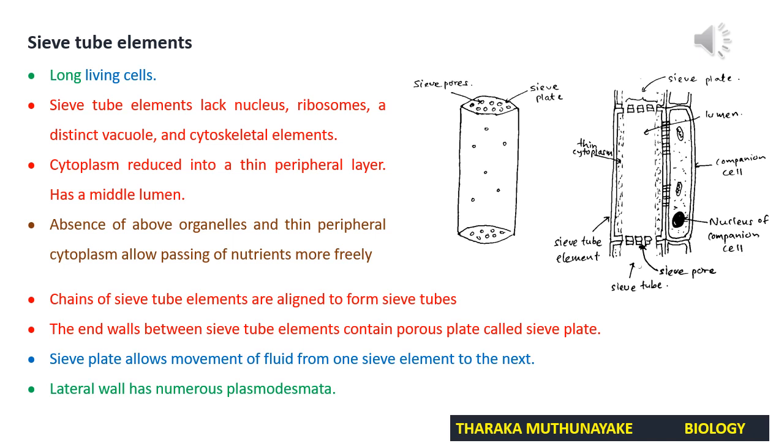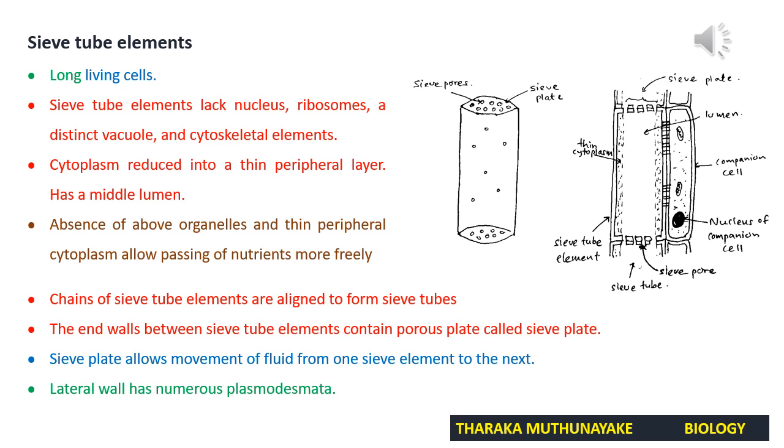In other words, adjoining sieve tube elements are connected by these sieve plates. Then you can observe easily, within the sieve tube, lumens of each sieve tube element are interconnected through this sieve plate, through those sieve pores. Therefore, it says here, sieve plate allows movement of fluid from one sieve tube element to the next.